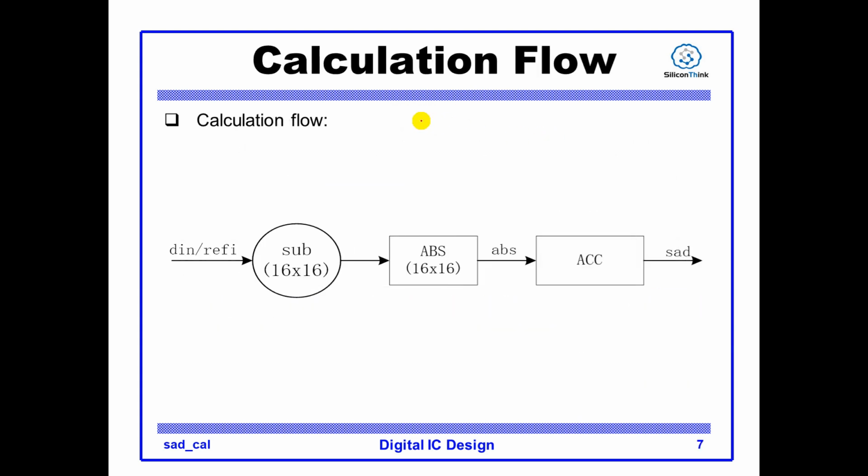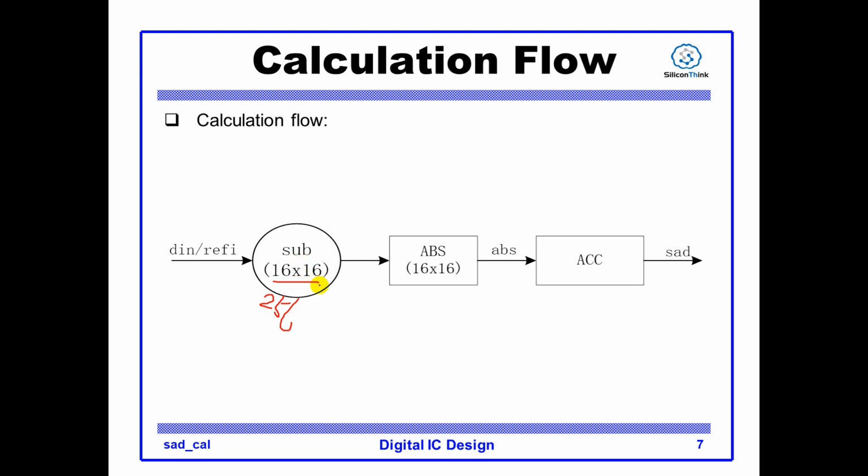First, you have to analyze the calculation flow of the function. The calculation flow is two arrays of inputs, then subtract for each pixel. You have 256 subtractors in parallel.